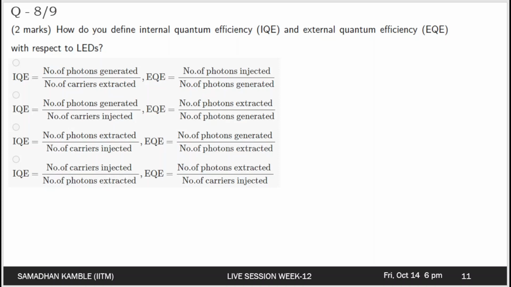Once a photon has been generated in the semiconductor, there are three loss mechanisms in particular that the photon may encounter. First is photon absorption within the semiconductor, second is the Fresnel loss, and third is the critical angle loss. A photon can be emitted in any direction.